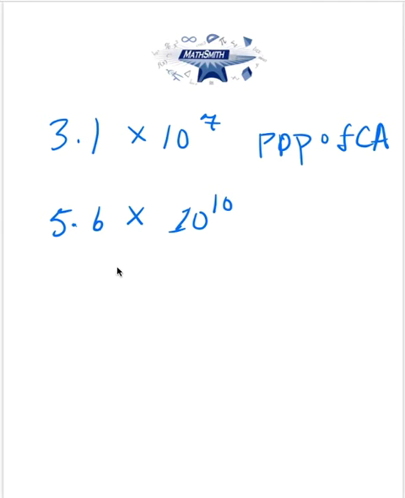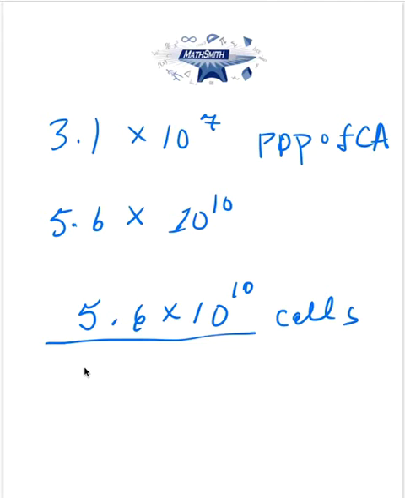What we're going to do is take the total calls and divide it by the people, right? So it's going to be 5.6 times 10 to the 10th calls, divided by 3.1 times 10 to the 7th people. Let's take your handy dandy calculator.